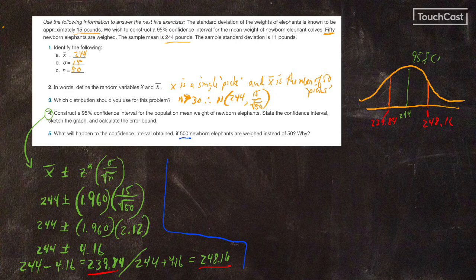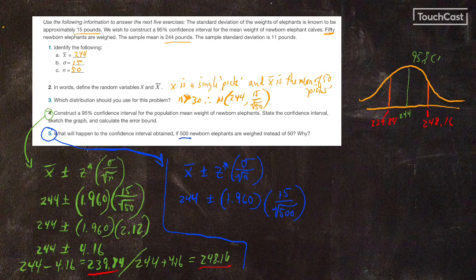So I can rewrite this, and I'm doing it in blue, just so that you're clear. x bar plus or minus z star times sigma over the square root of n, which is 244 plus or minus, and now the z star doesn't change. That's still a 95% confidence. But the thing that does change is this n.